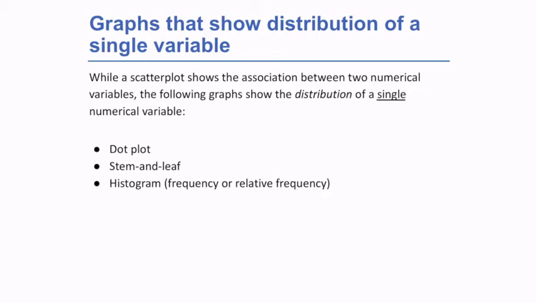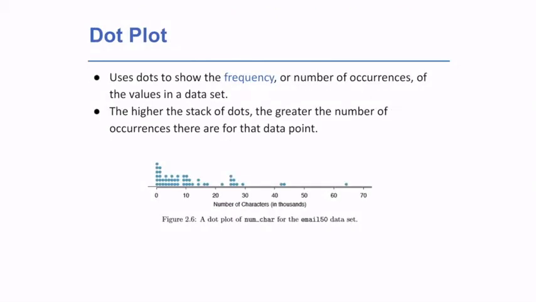These following show distribution of a single numerical variable. A dot plot, a stem and leaf plot, and a histogram. So, dot plots use dots to show the frequency or number of occurrences of the values in a data set. The higher the stack of dots, the greater the number of occurrences there are for that data point.